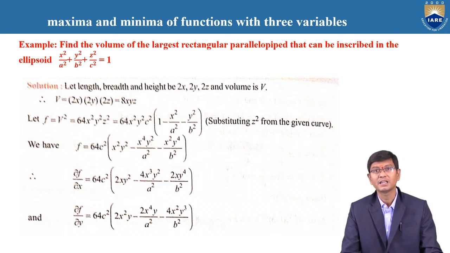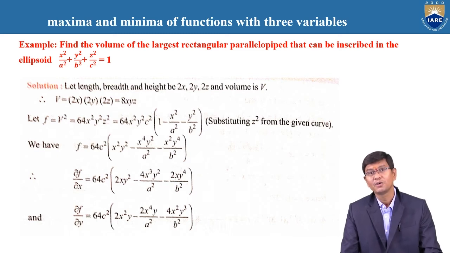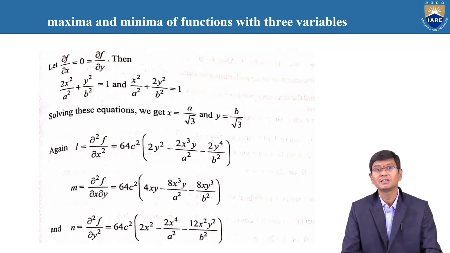One other equation is 2x into y square minus 4x cube into y square by a square minus 2x into y power 4 by b square. And finally, dou by dou y is 64 into x square into 2x square y minus 2x power 4 by y square minus 4x square y cube by b square.